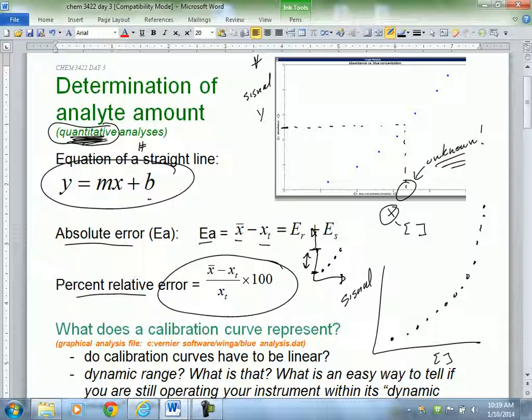If you're outside that signal range, you have to make a bigger calibration curve, because you don't know if it's linear outside those, since you haven't tested it. Same with this curvy calibration curve. Limit here, and I guess I've got to extend it somewhere around here. This signal is the only region that it's good in. Otherwise, you need more data points.